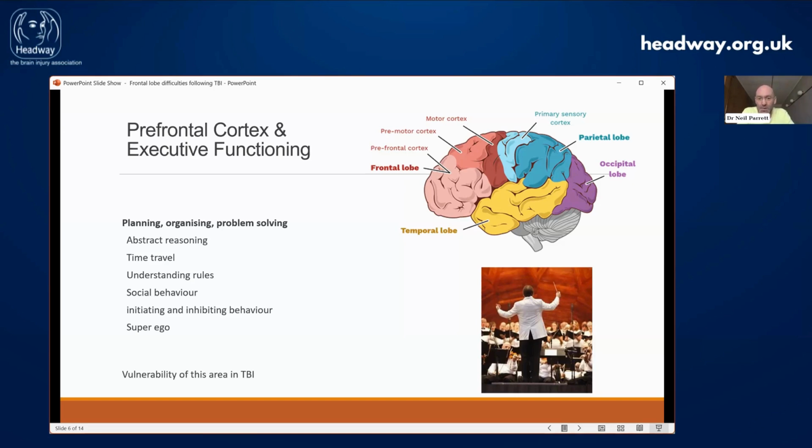So it's vulnerable. It's absolutely vital. It's the bit that differentiates us from other animals, and the tasks it's involved in are complicated and multifactorial. So it certainly leads to some interesting and not always straightforward presentations.